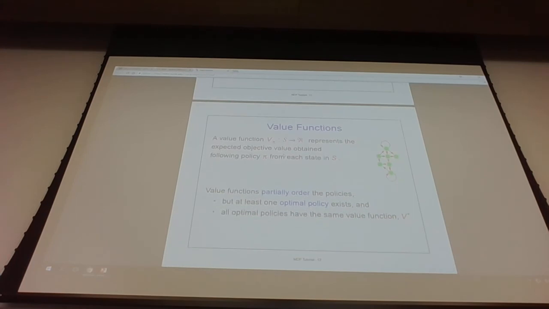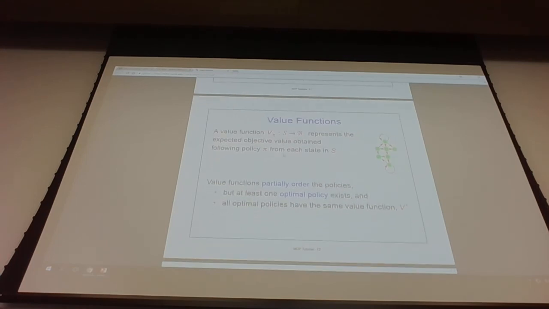So value function is what? It's a mapping again from a state. So it takes a state as input and it gives out reward. So it represents the expected objective value obtained by following a policy phi from each state in S. You have some objective function as an expression, depending upon the reward that you get from each state.